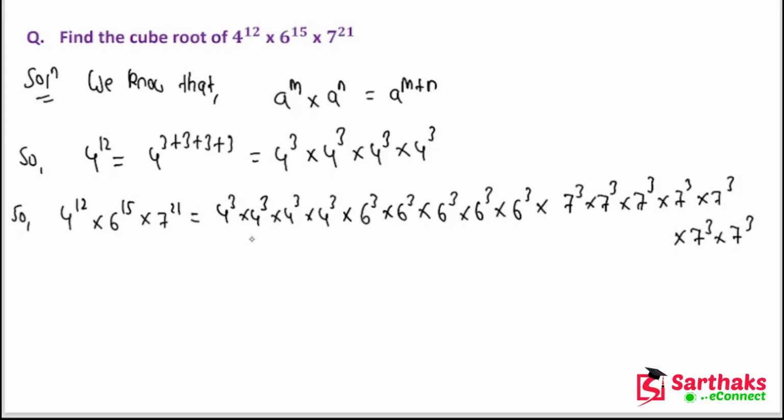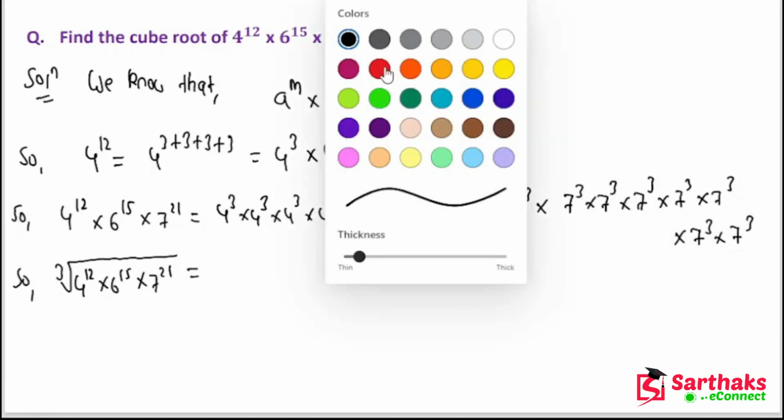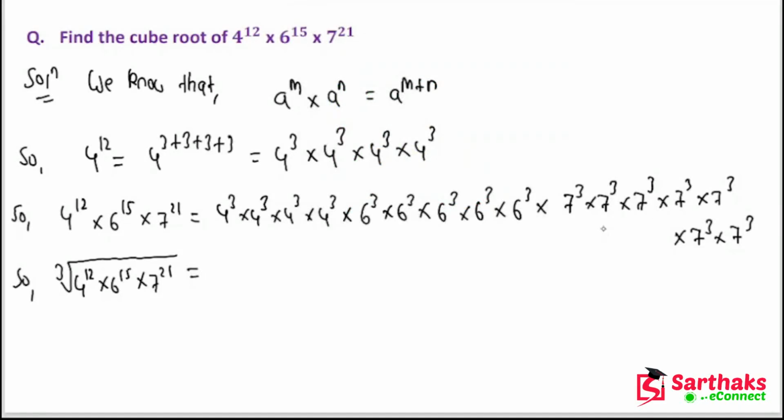So 7 times this cube. Now if you find the cube root of this, it is very kind of childish to do like that, but it actually reduces the chances of any error.